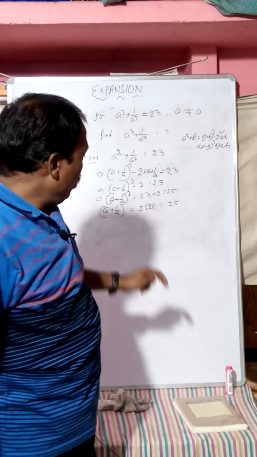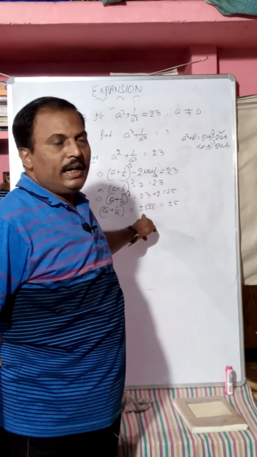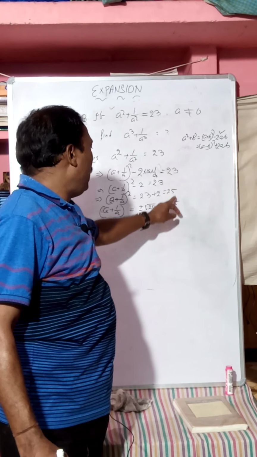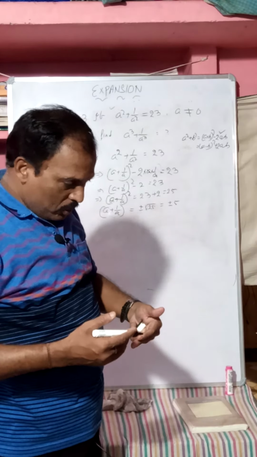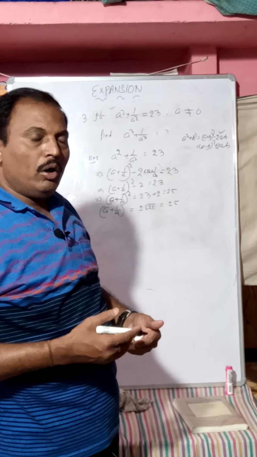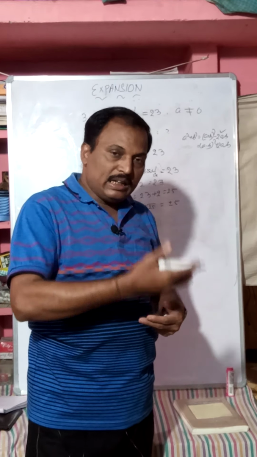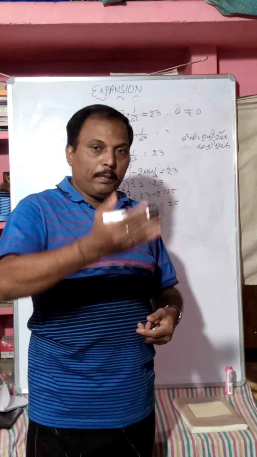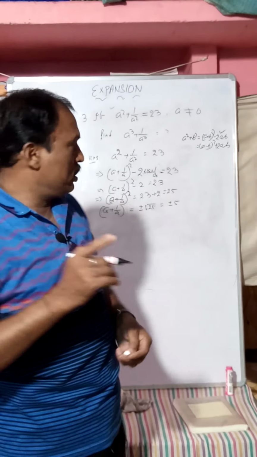When we omit the square on the left side, we must put the sign plus and minus. Plus 5 square is 25, minus 5 also square is 25. So whenever we omit square on one side, on the other side we put square root. Before the square root the sign will be plus and minus both.